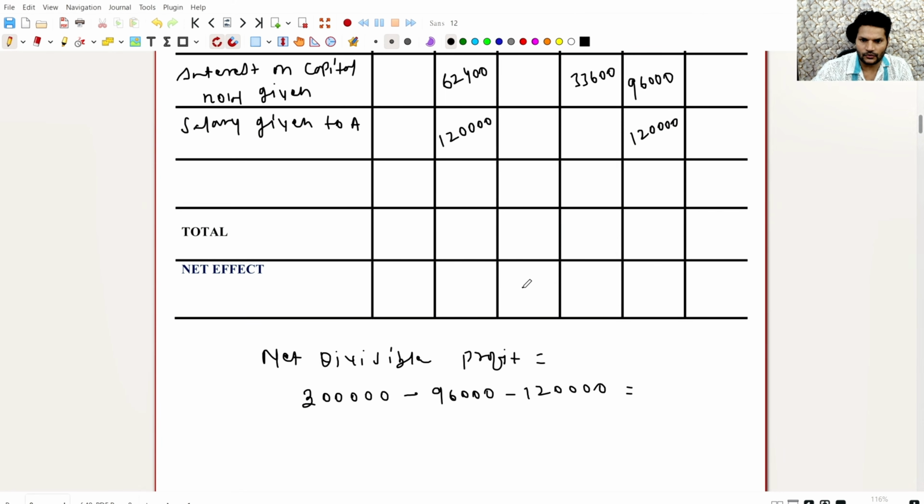Okay, so what will be the value? The value would be 84,000. So this is the net divisible profit.